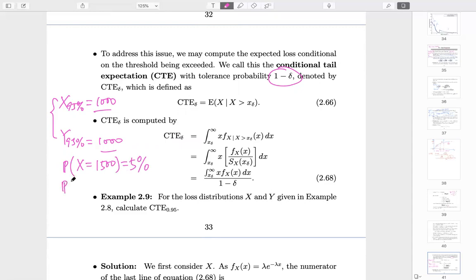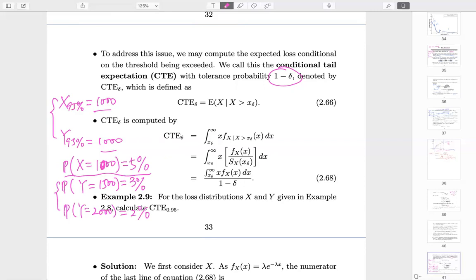But for y, let's give two values: 1,500 with 3%, and y equals 2,000 with an additional 2%. So that's the entire tail. This is probably not too good an example. It should be 1,000.